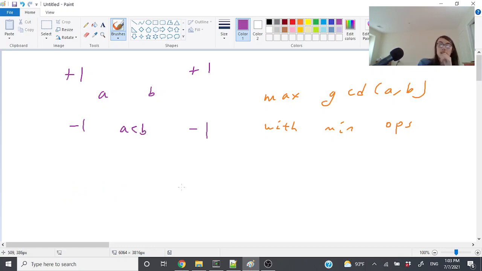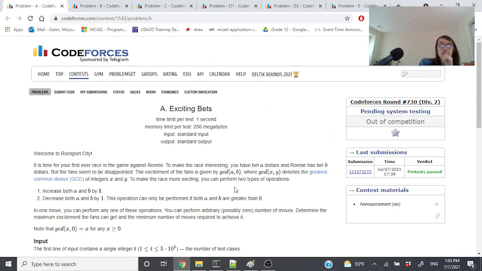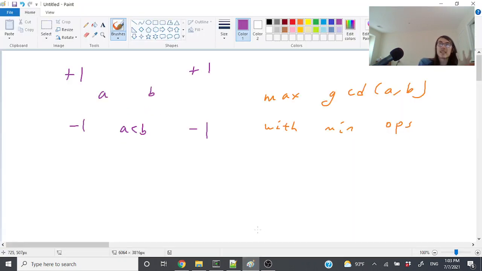Because the order of the numbers doesn't matter, A and B are treated the same. Every operation affects both of them in the same way. So assume A is less than or equal to B. Now bring it down to 0, so you get 0 and b minus a. Then the GCD you get is b minus a.